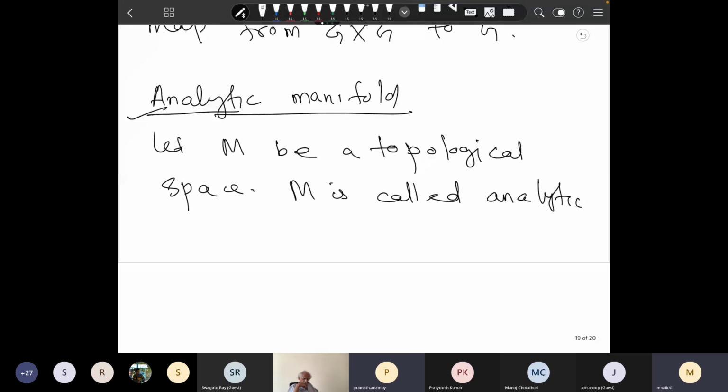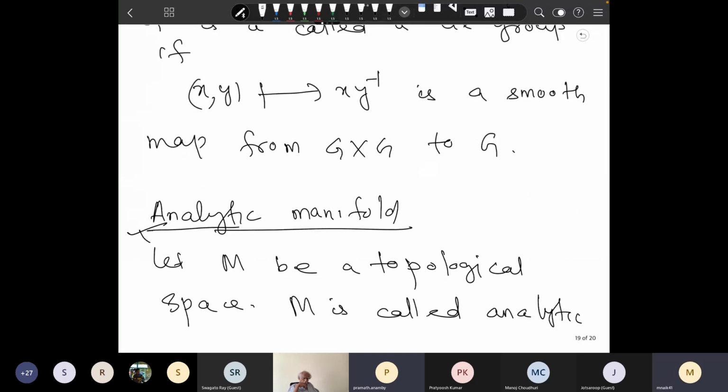Next time I will write this; this is a comment in Helgason. For a complex Lie group, I think the definition is that the Lie algebra is a complex vector space. That's all I know. That's correct.